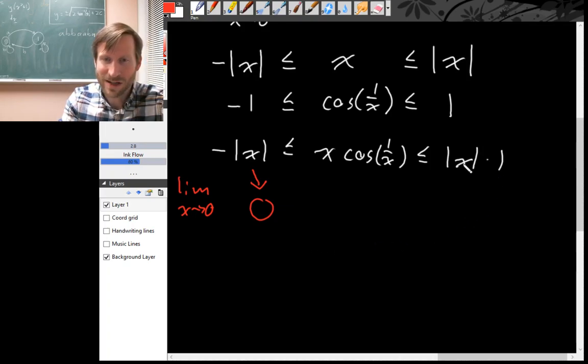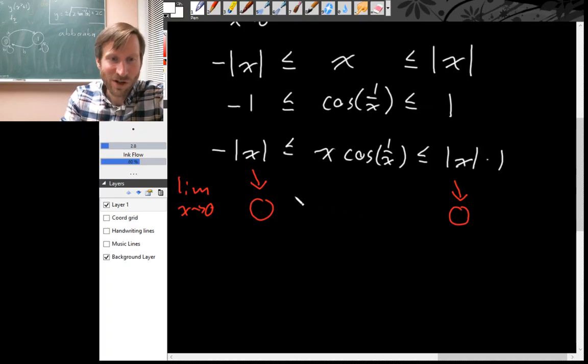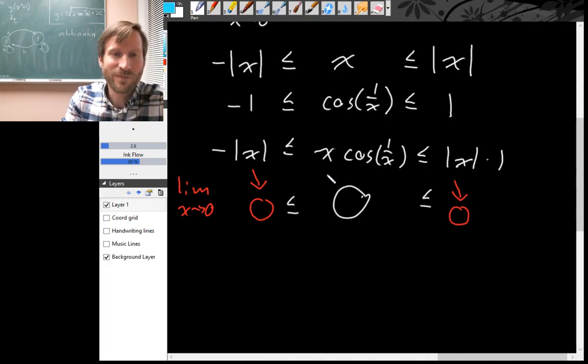Now on the other side, if x is going to 0, what happens to the positive absolute value of x? By the same token, that is also going to go to 0. But look, now x cosine of 1 over x is trapped in between 0 and 0. So this limit must also be 0. So as x goes to 0, x times cosine 1 over x has to also go to 0.